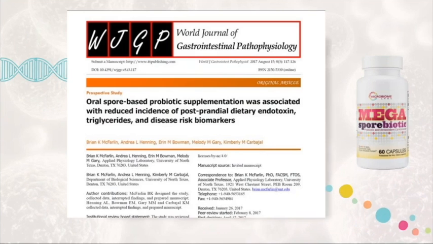And here's a nice study, I often refer back to it from just a few years ago, showing how the oral spore-based probiotics can be associated with a reduction in bacterial endotoxins. So this is the LPS that we were referring to earlier, triglycerides, and even other disease risk biomarkers.